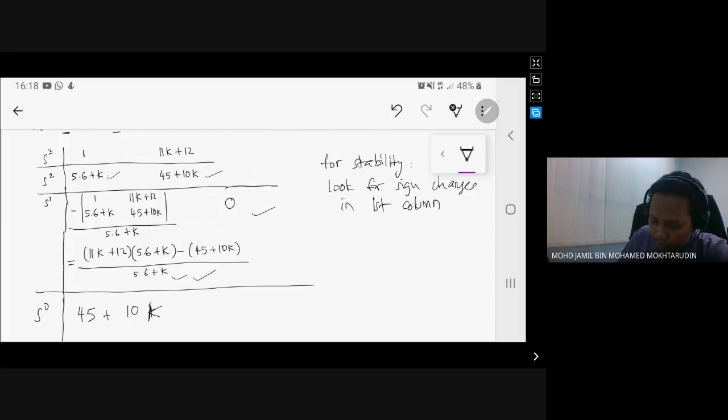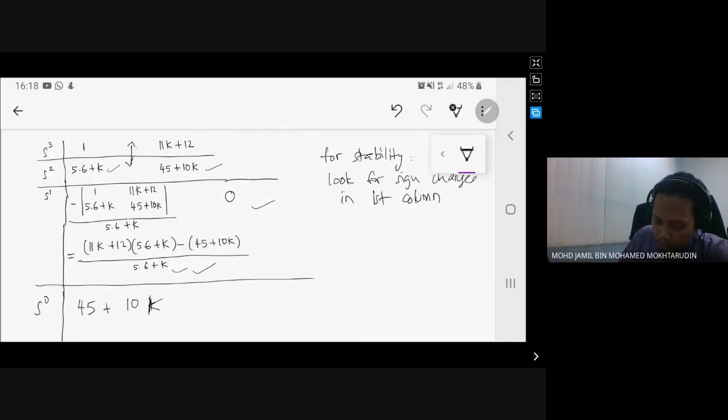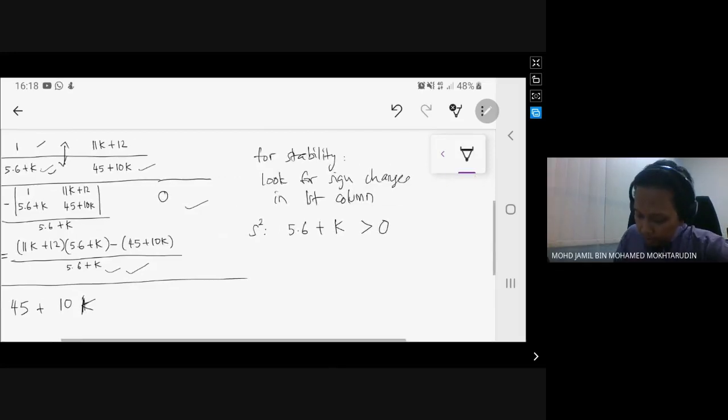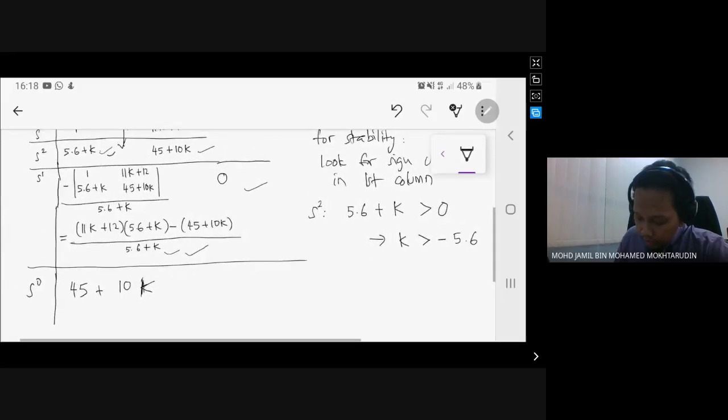First, these two must be positive. So row s2, 5.6 plus K must be positive, meaning that K will be bigger than minus 5.6. That's the first range.